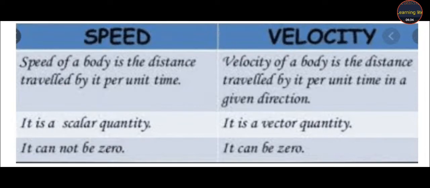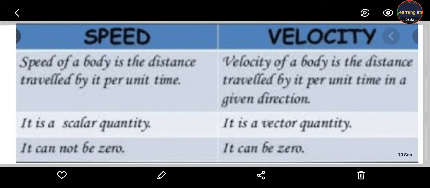Speed is a scalar quantity, velocity is a vector quantity. Speed cannot be 0 and velocity can be 0. I think this difference is clear to you. So students, write the difference from that table. This is the answer to your first question.